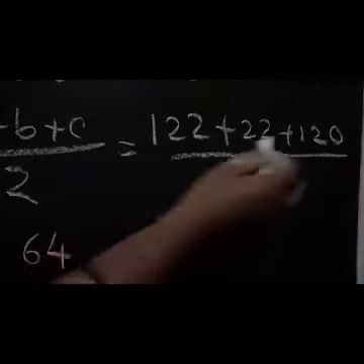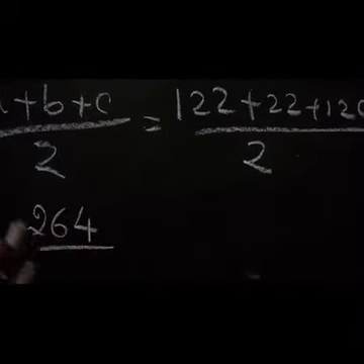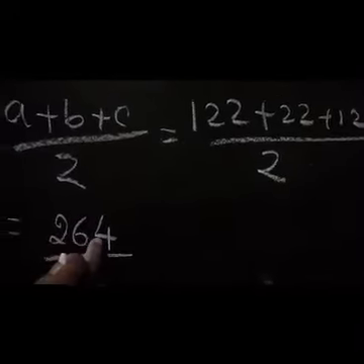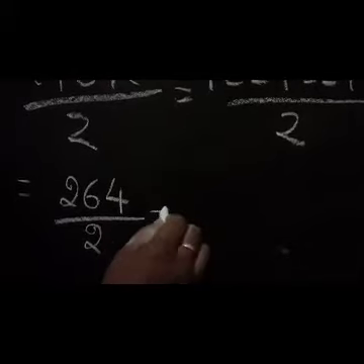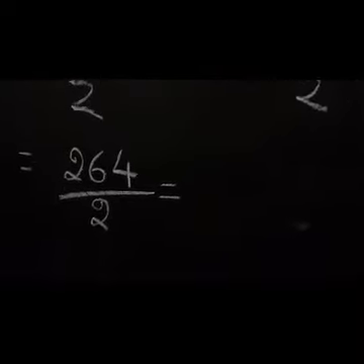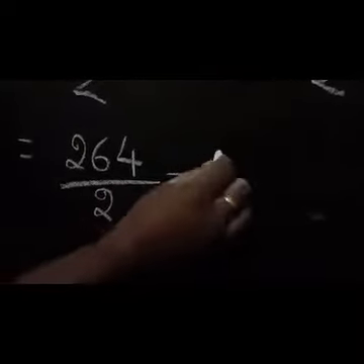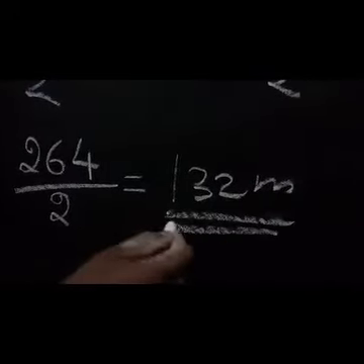And here 1 plus 1 is there in 100 place, so it is 2. So total we have here 264 is perimeter. So S, we want divided by 2 because it is semi-perimeter. So 264 divided by 2 is 132 meter. We have now S value.